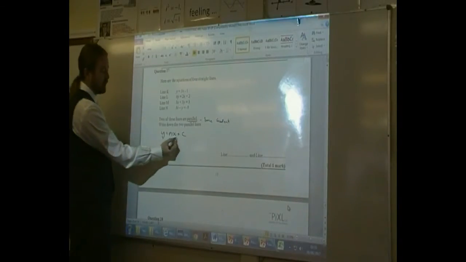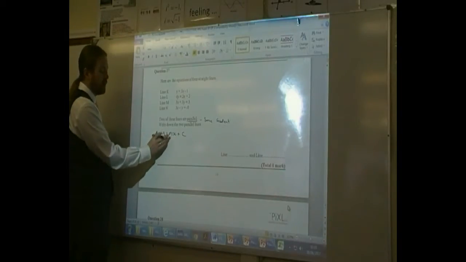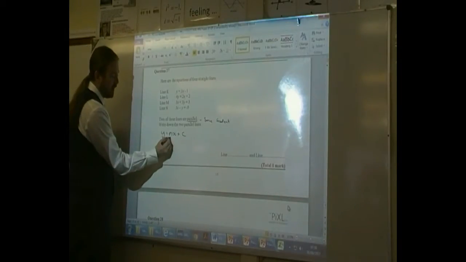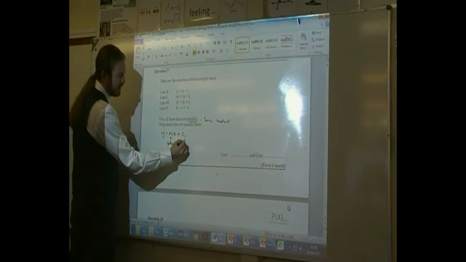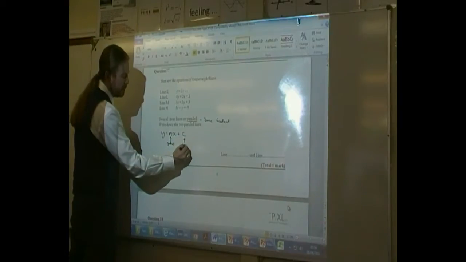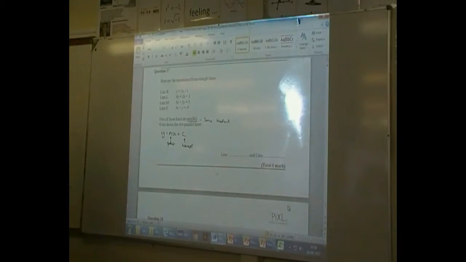And there are two things that are featured on here. So you've got your y coordinate, you've got your x coordinate, and then you've got m and c. And m is the gradient, and c is the intercept on the y-axis.